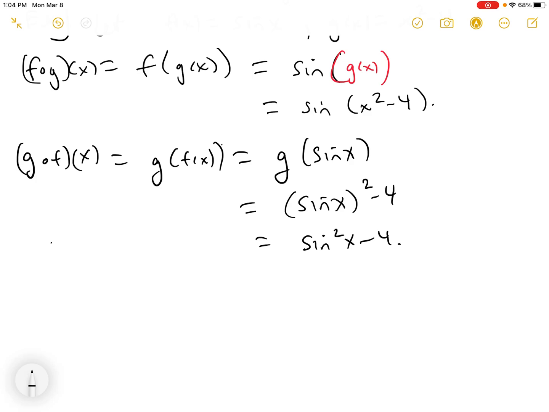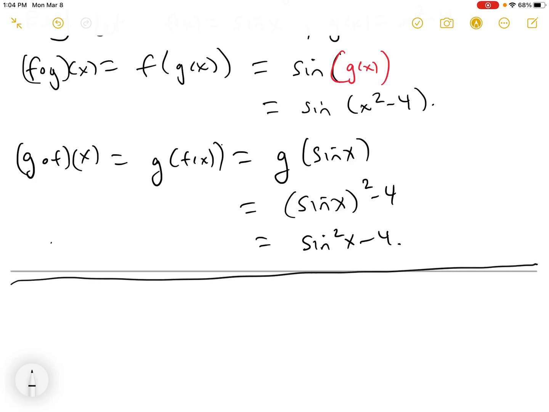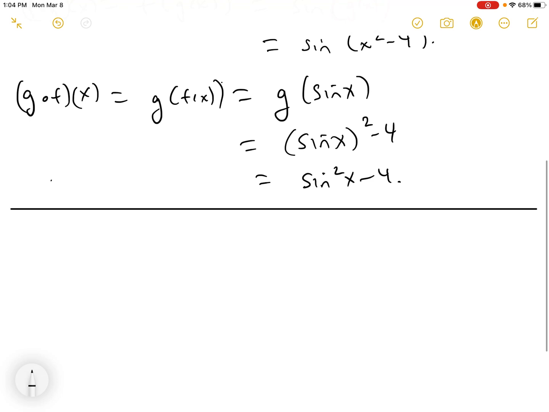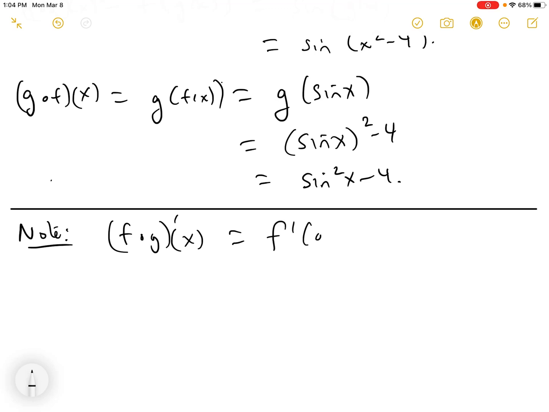All right, so what we want to know now is what's the derivative. Note, if I take the composition of two functions and I compute its derivative, it goes like this. You take f prime of g times g prime of x.